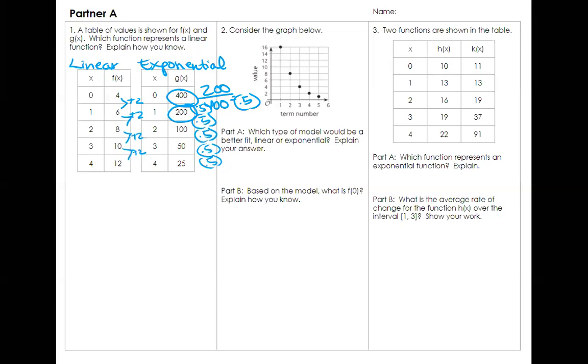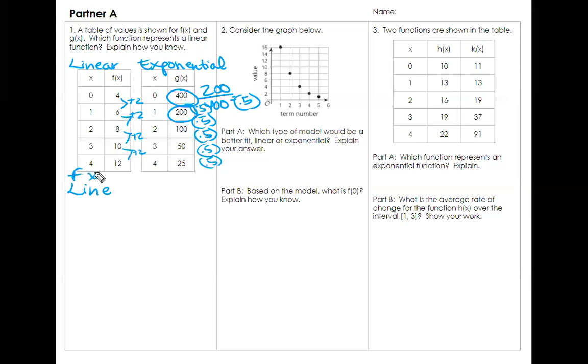Okay, this part is important. These little possible sentence stems. So instead of just saying linear and exponential, you have to say, I know the function is blank because of blank. I know the common difference for this function is blank. So you have to come up with different ways to say these things. So you have to come up with reasoning. So you know that this is linear because why?